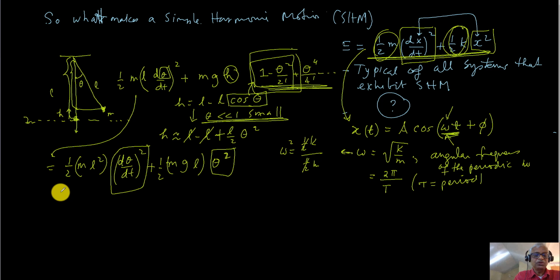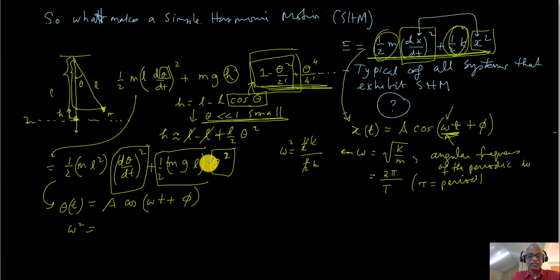So we do it over here. What's the omega for this one? Theta of t will be equal to some A cosine of omega t plus some phase angle, right? And what's the omega? Omega square is the ratio of the things that multiply the quadratic terms.